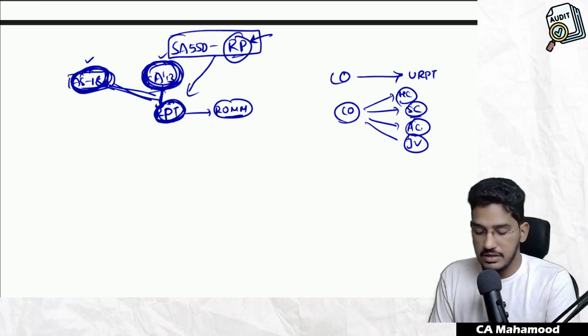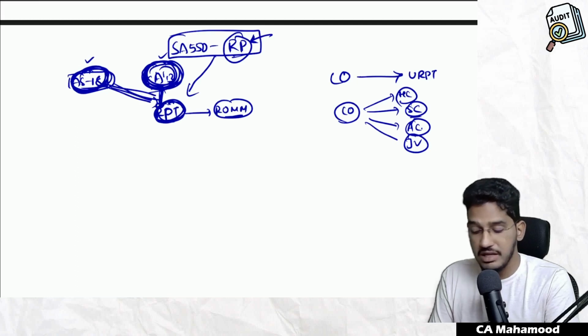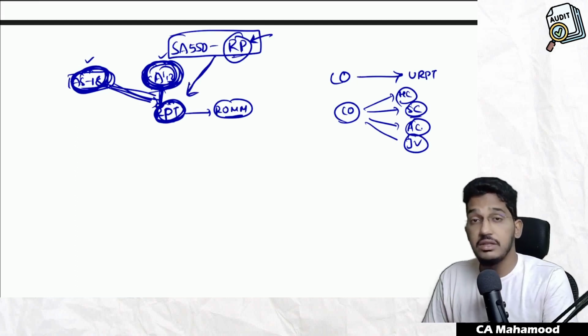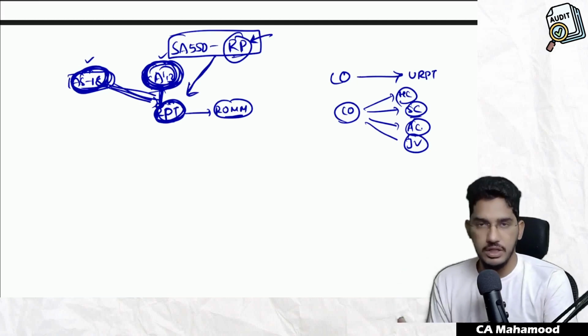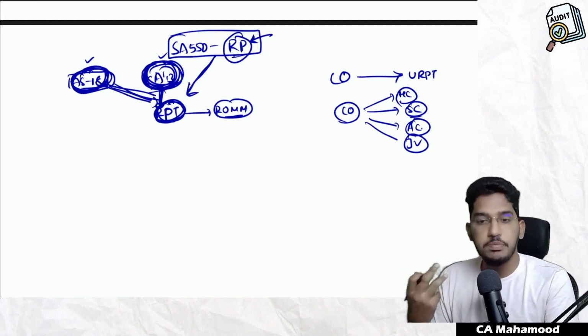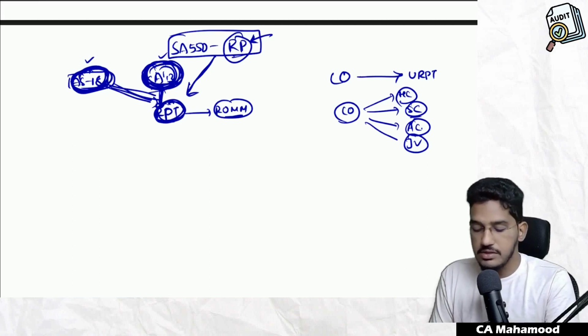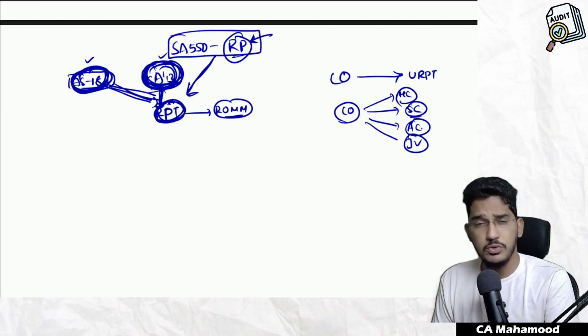There is a dedicated standard on auditing, SA 550, which is going to help the auditor obtain audit evidence regarding related party transactions. Sir, why that much emphasis? Because they carry a huge amount of risk.